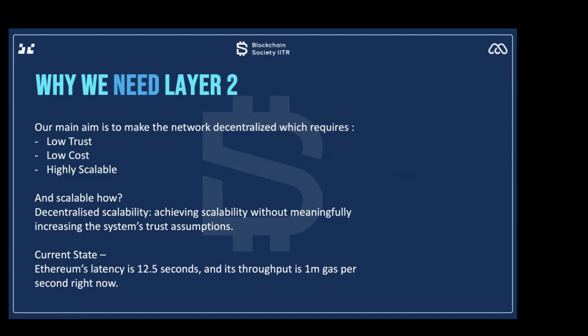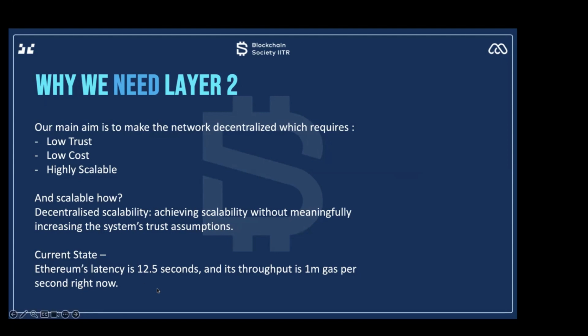We don't want to give the power in the hands of one organization. So we want to achieve decentralized scalability, and that means achieving scalability without meaningfully increasing the system's trust. I'll discuss what that actually means. Decentralized scaling means we don't want to increase the trust in the system, and we don't want to increase the cost of running the system, and yet we want to scale the system.